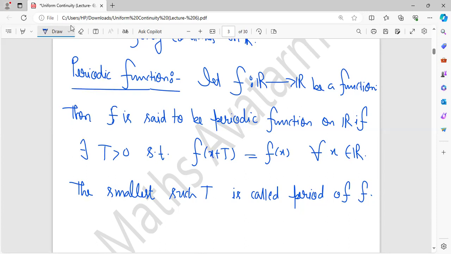There can be more than one T which satisfies this condition, but we are choosing the smallest one which satisfies this. It is called the period of that function.